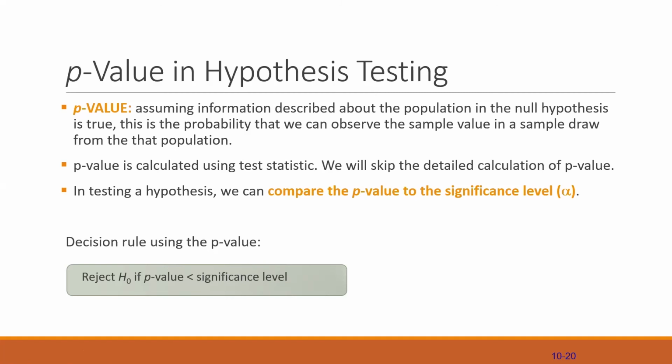And therefore, we have to question our assumption and say our assumption is not holding anymore. And therefore, we reject that assumption. So again, if the p-value is even lower than the significance level, which is 5%, then we say it's unlikely for us to observe what we have observed. That means the assumption in the null is not true, so we have to reject the null hypothesis.